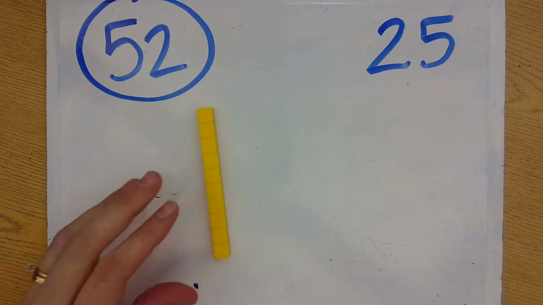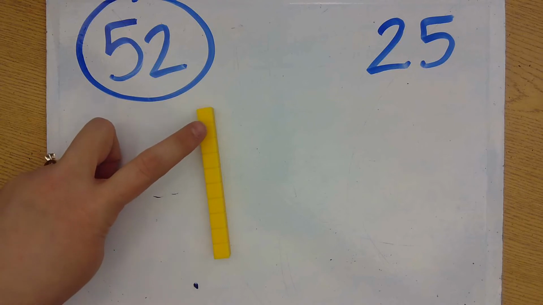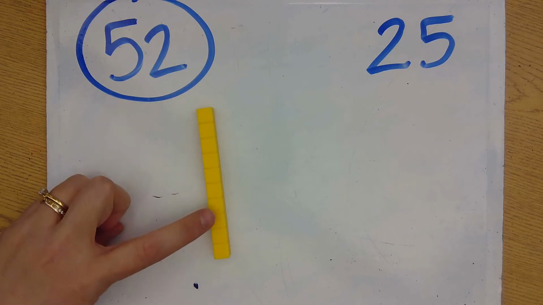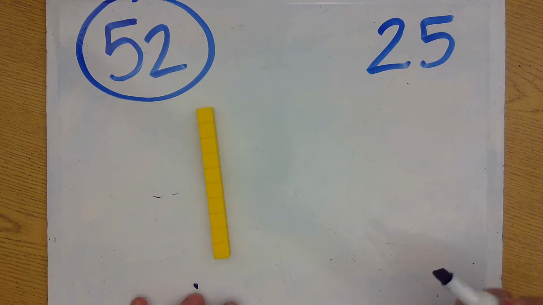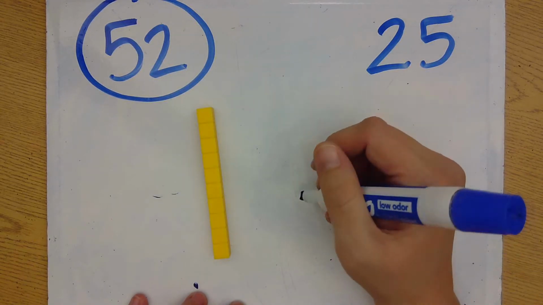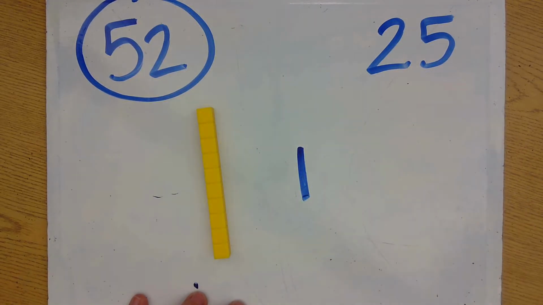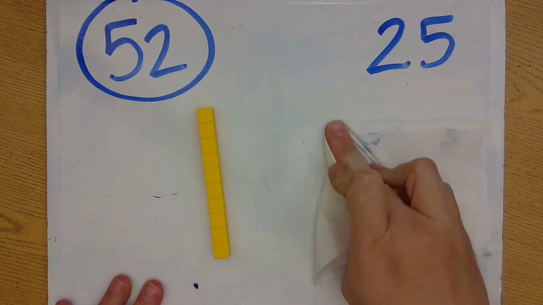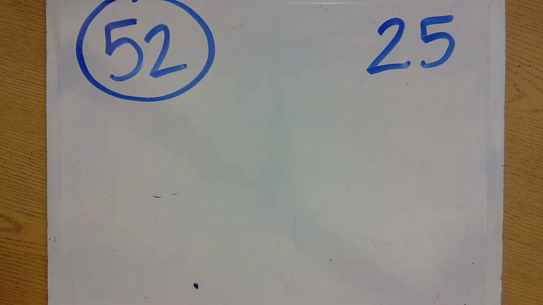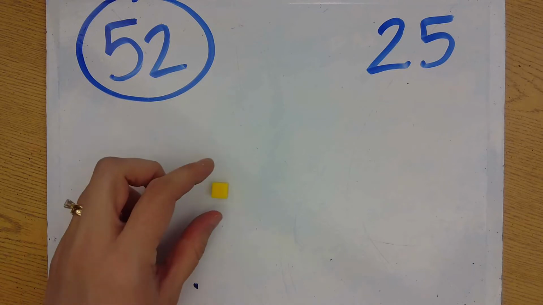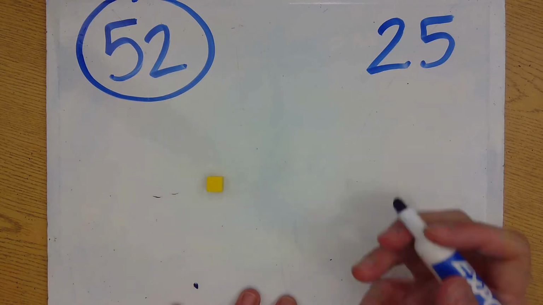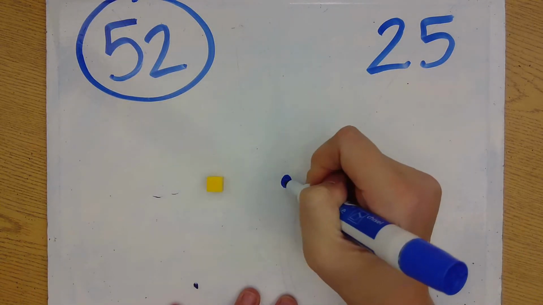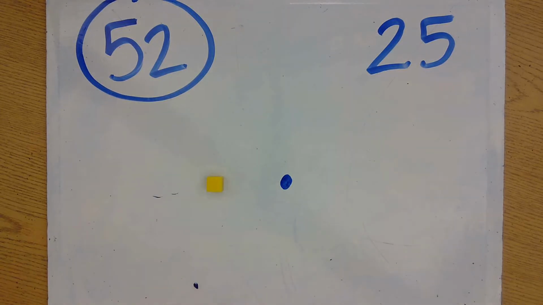It has a total of 10 cubes inside the long, and it's represented on a piece of paper by drawing a long line. Makes sense, right? And the last kind of base 10 block that we use that's very common is this tiny little cube, and that's what it's called. It's called a cube, and we represent that in a drawing by just drawing a dot.